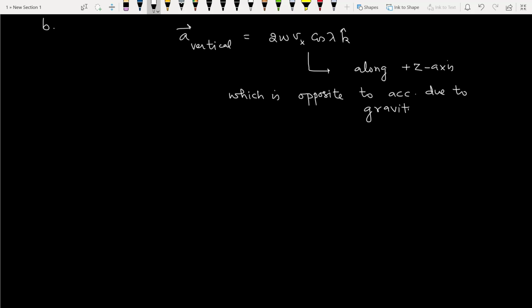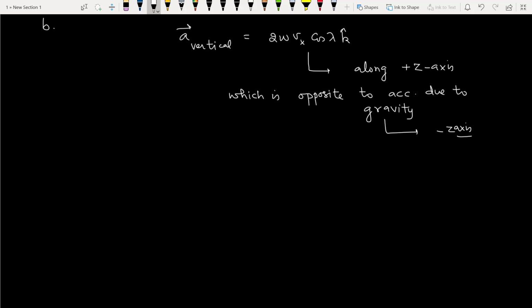Gravity is vertically downward, which is along the negative z-axis, and the vertical component is along the positive z-axis, so they are in opposite directions.